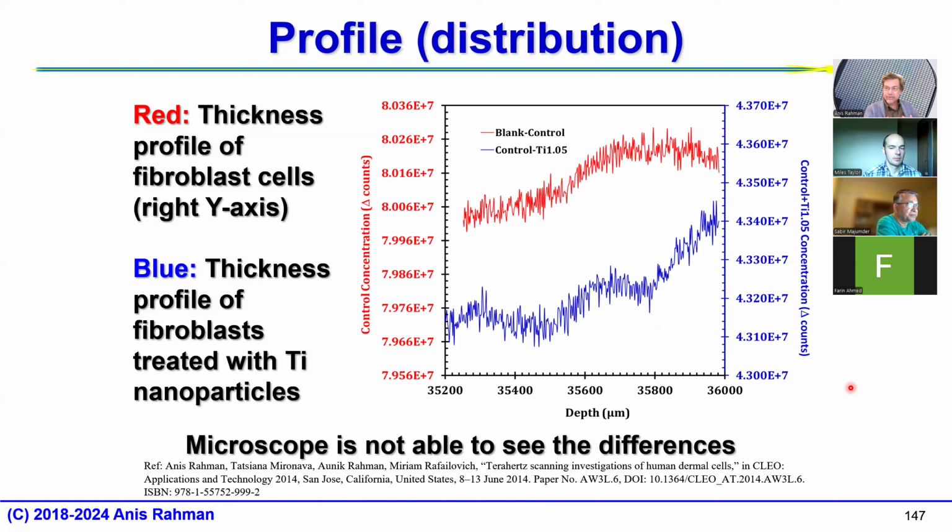So we wanted to see if we can discern nanoparticles having the same crystal structure but different polymorphism. I don't have that data. I should have had it here, but those are published.